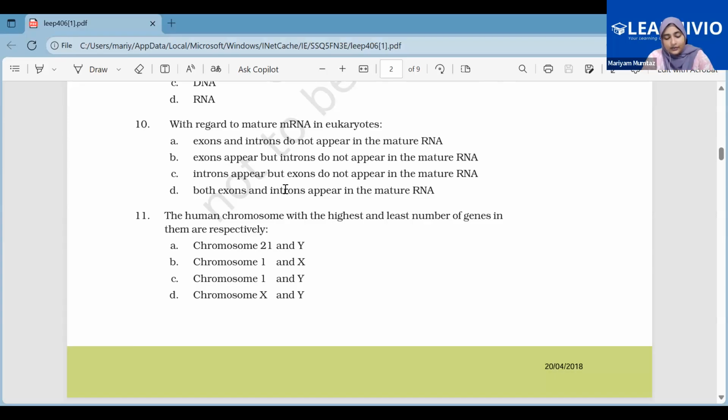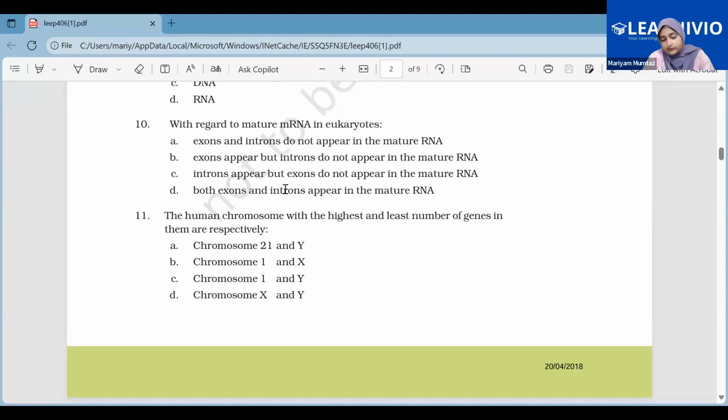That's correct. And why do the introns not appear? Because introns are the non-coding sequences. Can you tell me the process used to remove the introns from RNA?